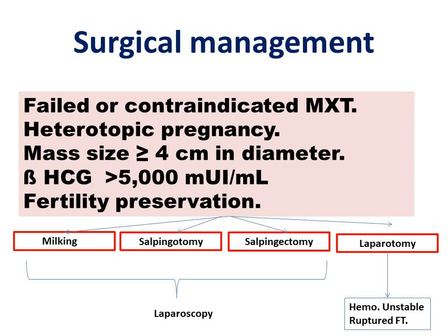Most of the surgical treatment is done via laparoscopy using milking technique, salpingotomy or salpingectomy, and we can perform laparotomy in very limited cases of instability of the hemodynamic status, and in such a case laparotomy is an emergency line of management.